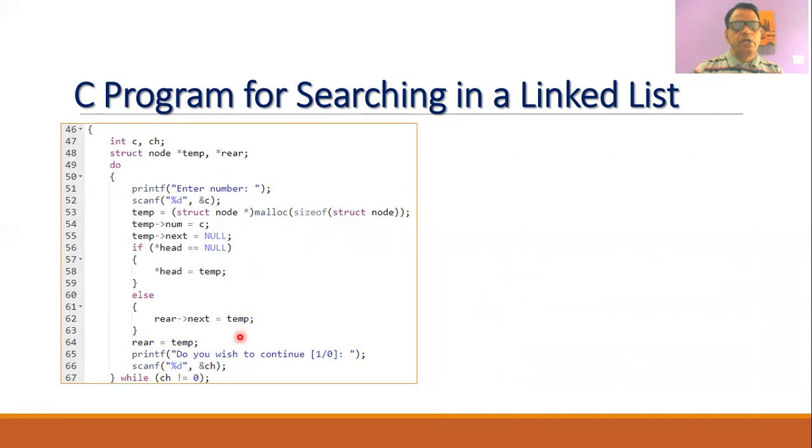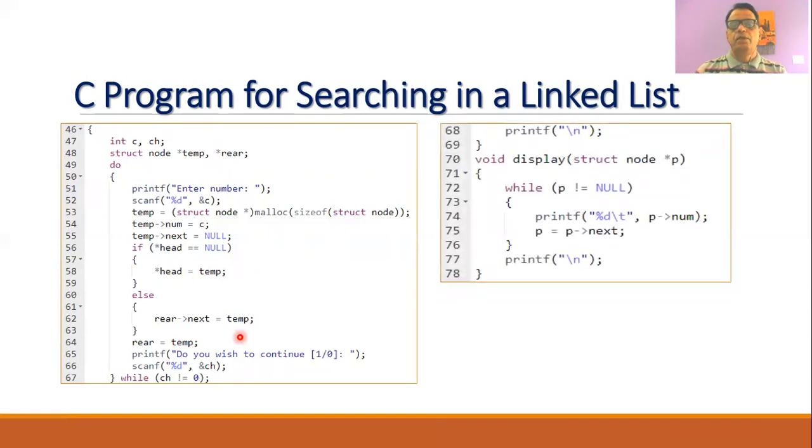Then we will check whether the user wants to enter more values into the list. If the user wishes to enter more values, then the loop will be executed again. Otherwise, we can exit the loop. Finally, we can write the display function where each node value can be displayed.